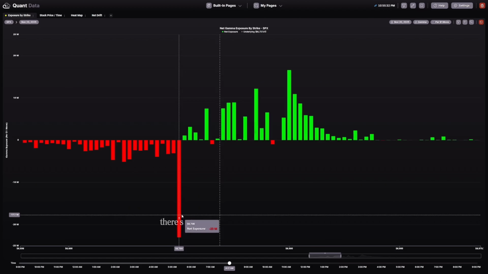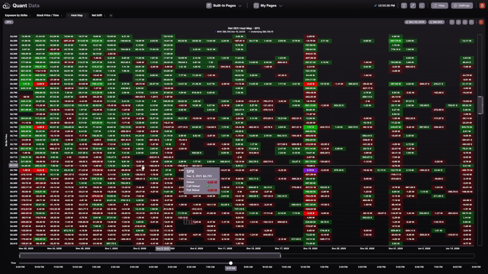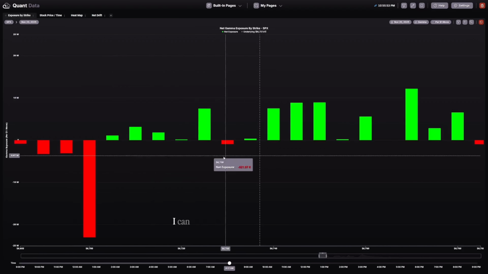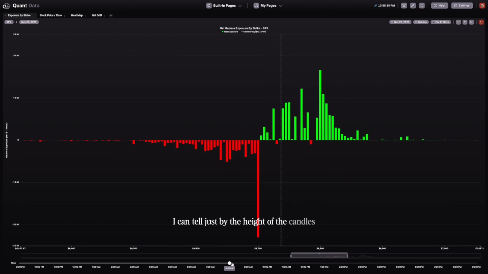Over on the heat map, there's a little bit too much information going on, so I'll show you really quickly. This is what the heat map looks like. There's just a lot more information to go on. It's not easily identifiable which contract has, for example, the highest exposures, and which contracts are losing value as time goes on. With the exposure by strike, I can tell just by the height of the candles what's changing.